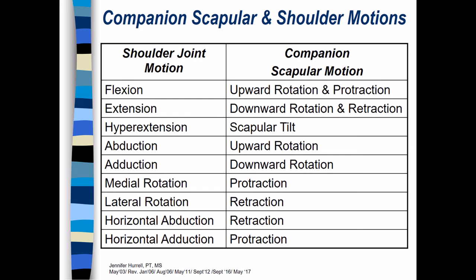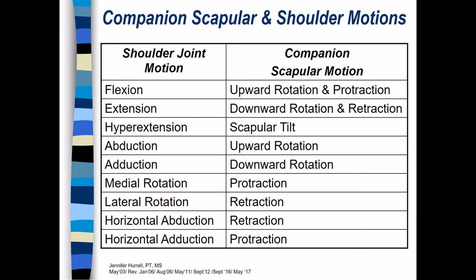With medial rotation or internal rotation, we're going to get some protraction. Scapula gets pulled around this way. With external rotation, we get retraction. This guy doesn't rotate very well, but as we do this, you can feel it.